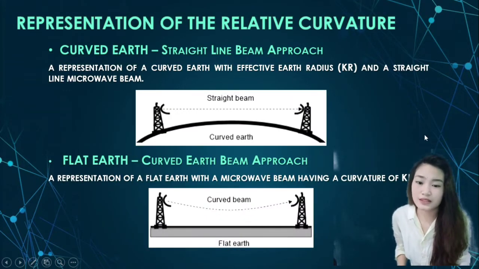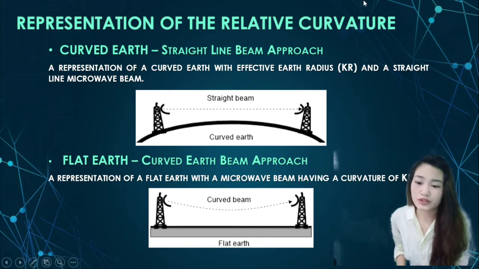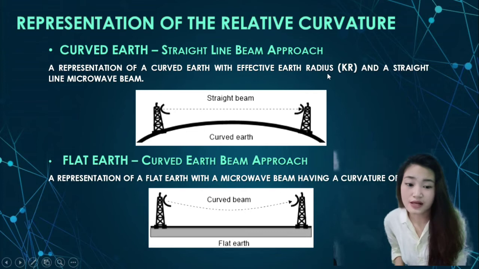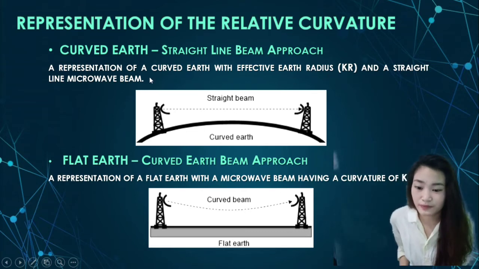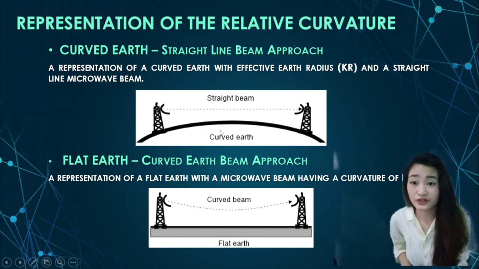Representation of the relative curvature. Curved Earth, straight line beam approach: a representation of a curved Earth with effective Earth radius, or KR, and the straight line microwave beam. This is a straight beam and the curve of the Earth.